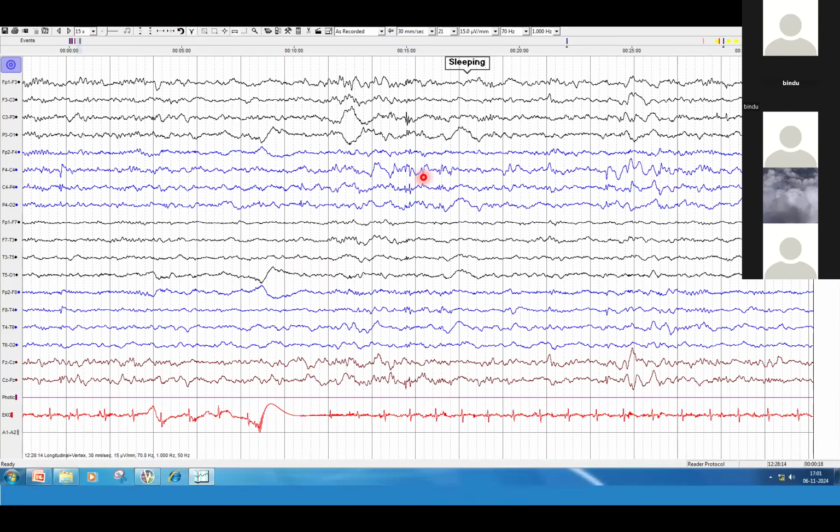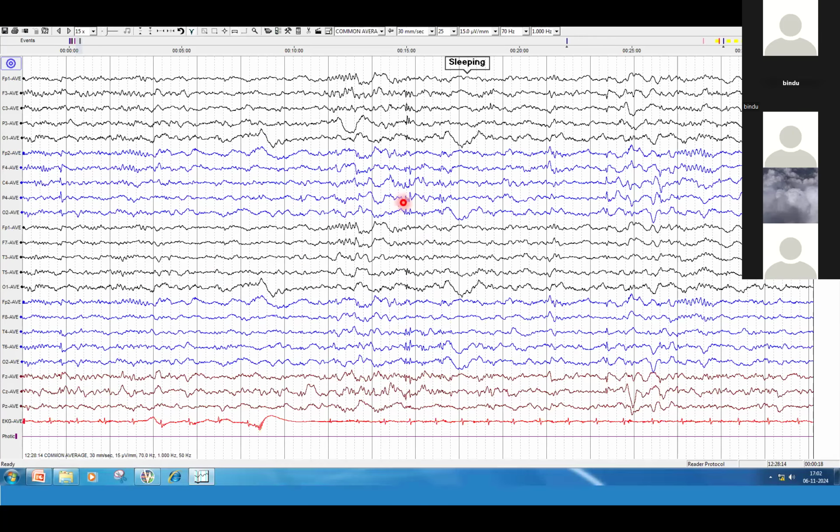This was the EEG read in sleep in bipolar montage with a sensitivity of 15 microvolts per millimeter, where it showed centroparietal as well as temporal spikes, centrotemporal spikes. The same read in average. Sleep structures were seen, and spindles were seen bilaterally, well formed.